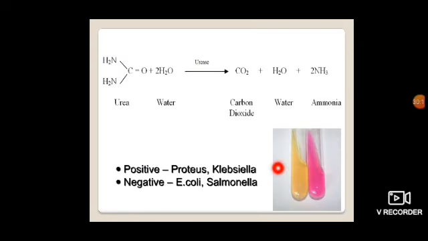In the diagram you can easily observe that when urease is present the color is pink, and when urease is absent it is yellow.